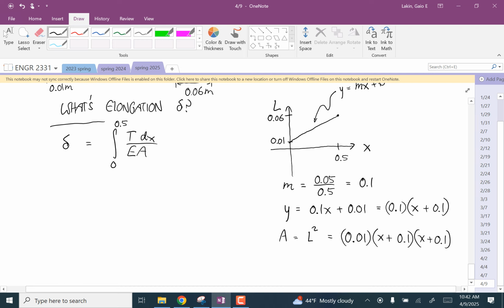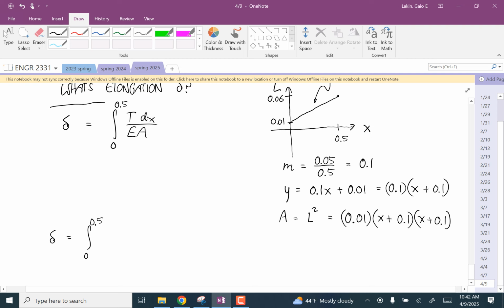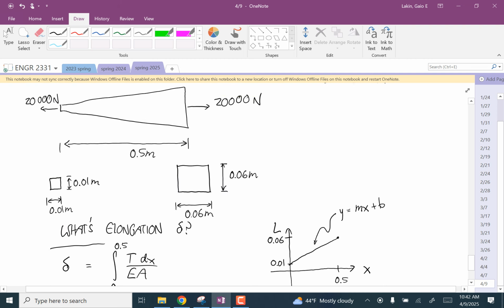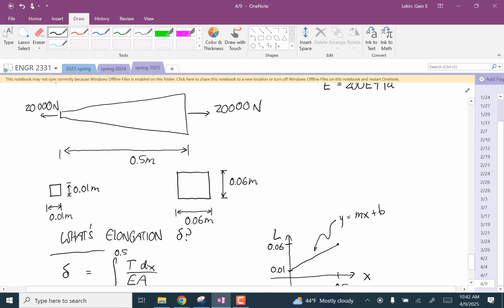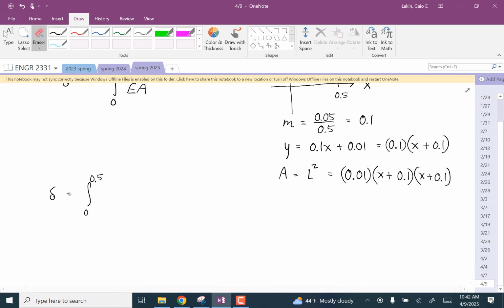Well, now we can start plugging this stuff in. So our delta is the integral from 0 to 0.5 of, well, I didn't do the cut, so let me just do the cut. Cut 1 is valid over the whole length.